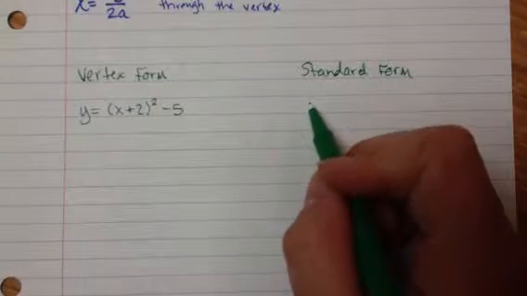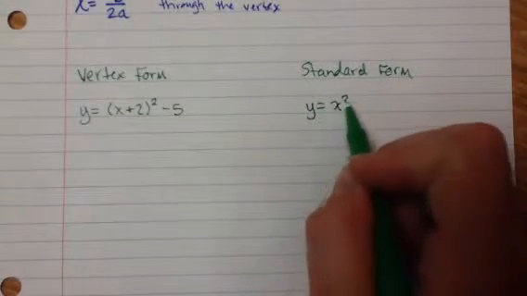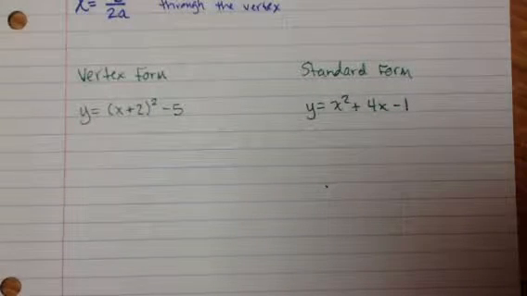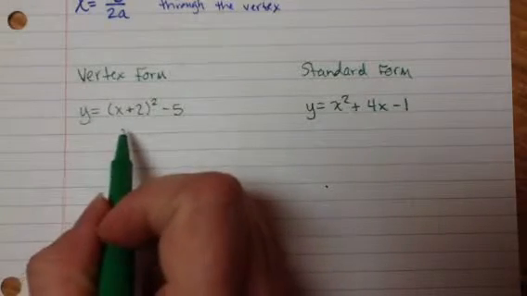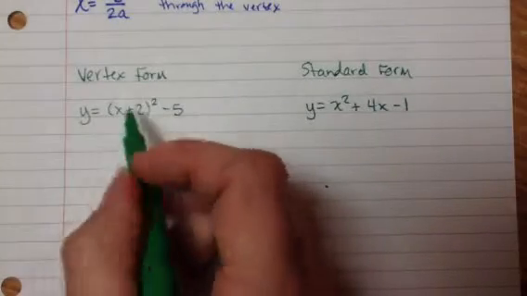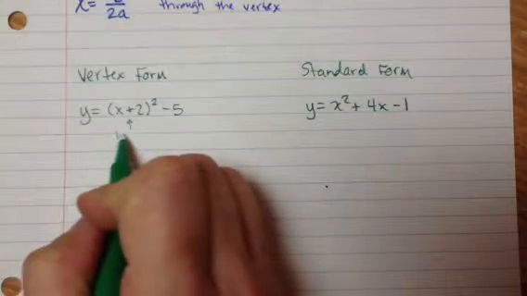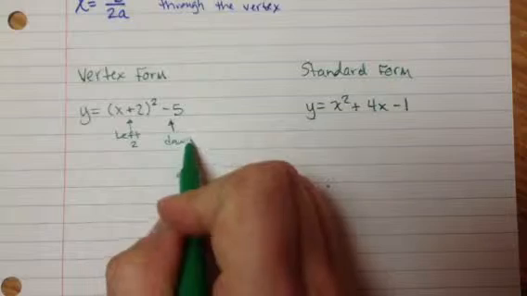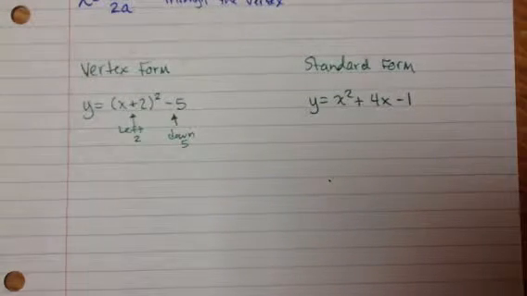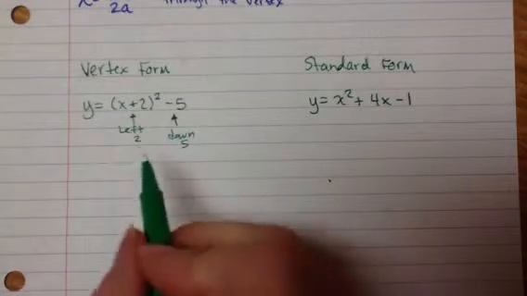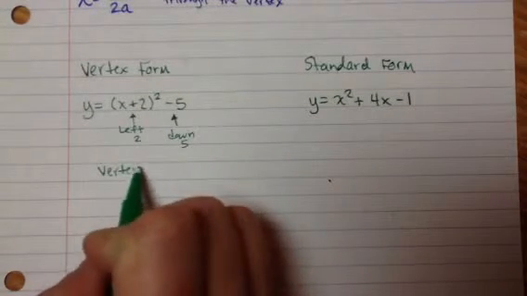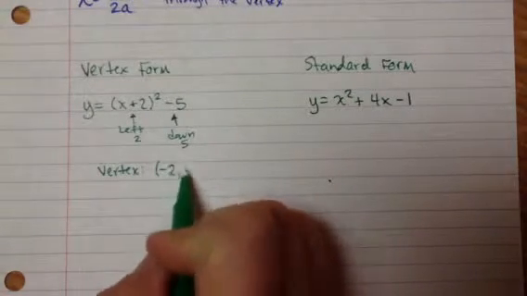And standard form, let's have y equals x squared plus 4x minus 1. So let's find the vertex in our vertex form. Remember we're going to use transformations to do that. So this is a shift left 2, and this is a shift down 5. So if we shift the vertex left 2 and down 5, we will have a vertex at (-2, -5).